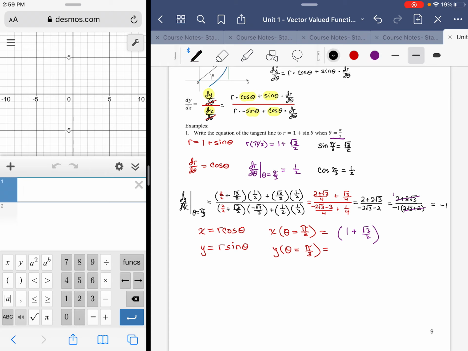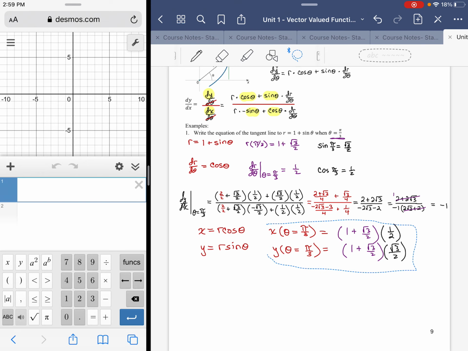We also know that cosine of pi over 3 is equal to 1/2. We're going to need the same thing for sine to start. But we're also going to need a radical 3 over 2, because that's what the sine of pi over 3 is equal to.